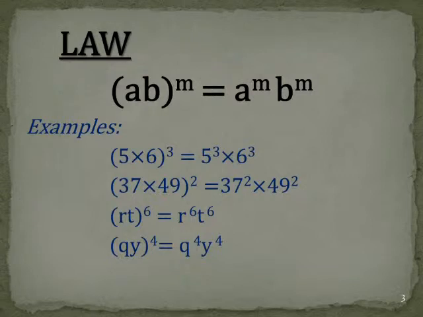So, for example, 5 times 6 all cubed is 5 cubed times 6 cubed. 37 times 49 squared is 37 squared times 49 squared. r times t all to the power of 6 is r to the power of 6, t to the power of 6. q times y to the power of 4 is q to the power of 4, y to the power of 4.